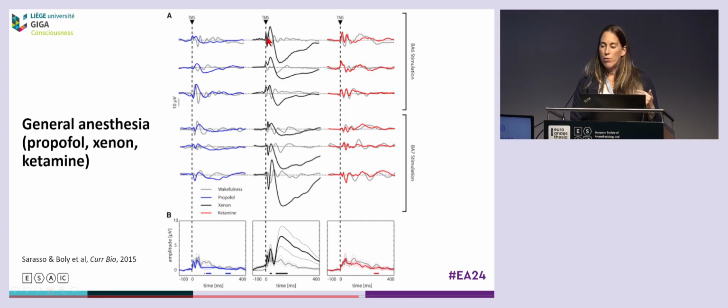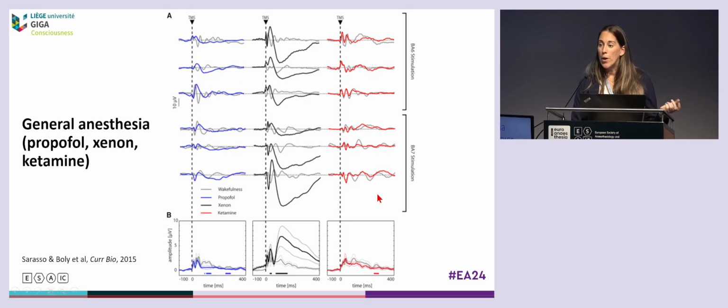On the other side, if you have xenon anesthesia, you have a different response in black. You have a big slow wave everywhere, but it's the same slow wave, the same shape everywhere. So there's a loss of differentiation or information that prevents consciousness from happening.